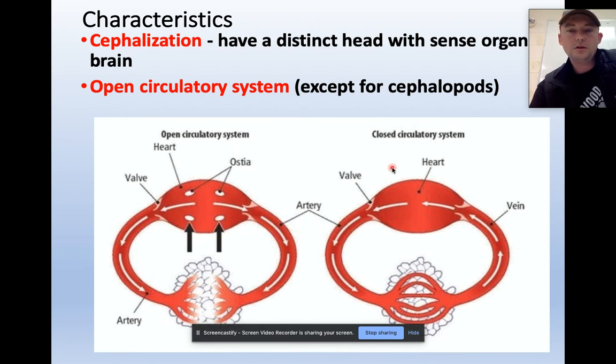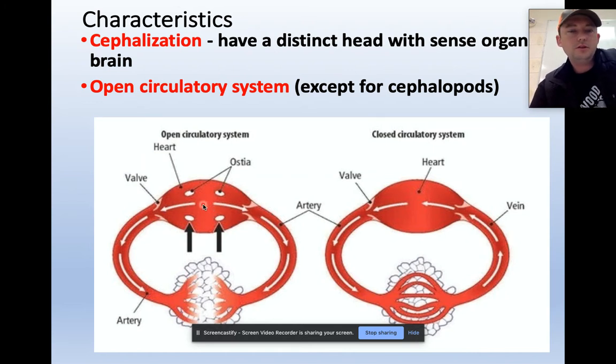In our annelids, we talked about the closed circulatory system, just like in us. The heart pumps blood away from the heart. Capillaries disperse the blood and oxygen, picking up CO2 and O2, etc., and the veins bring it back into the heart. An open circulatory system is a little different.